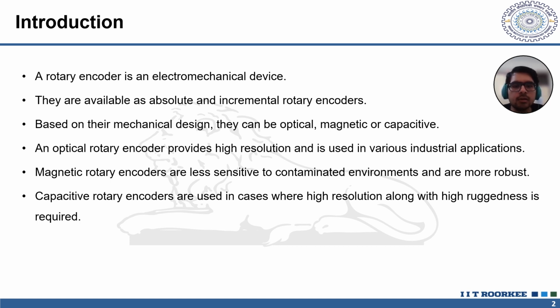We will also, based on their mechanical design, try to understand their categorization as optical, magnetic, and capacitive. Further, we will discuss in this presentation how optical encoders provide high resolution, magnetic encoders are more robust, and capacitive rotary encoders try to provide both the advantages. As we go along, we will discuss their respective advantages and disadvantages as well.